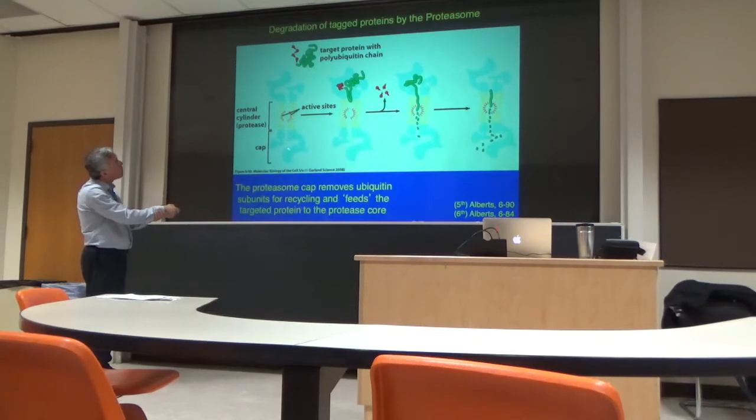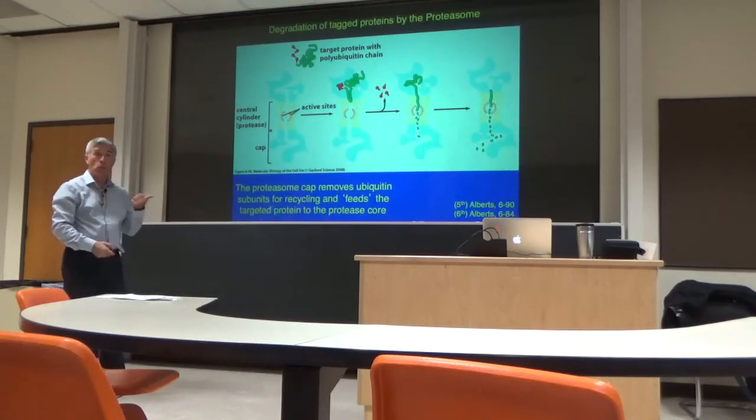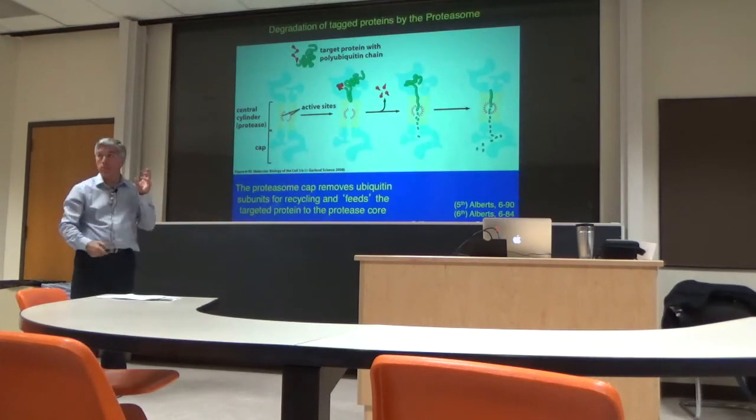It is capped at both ends by a special cap, a proteasome cap, that has two important functions. Number one, it recognizes that polyubiquitin chain, so it has a binding pocket for that polyubiquitin chain to say, okay, you are tagged, bind here.